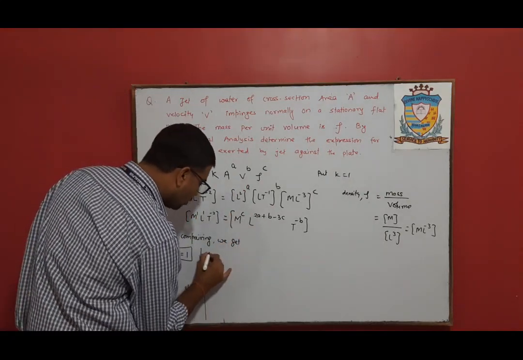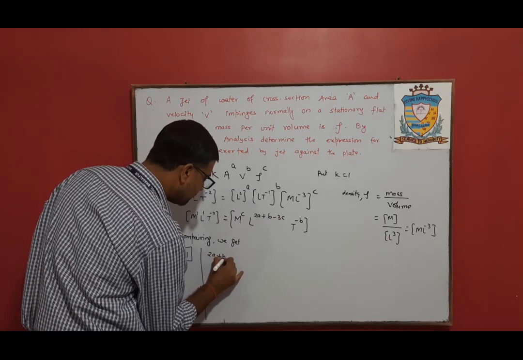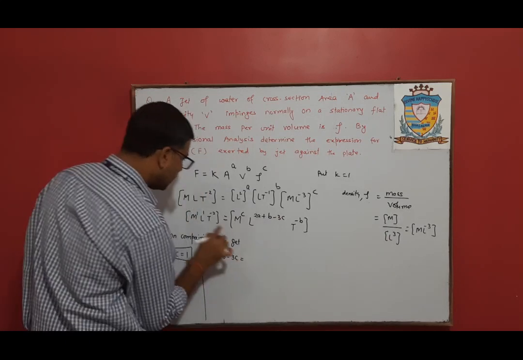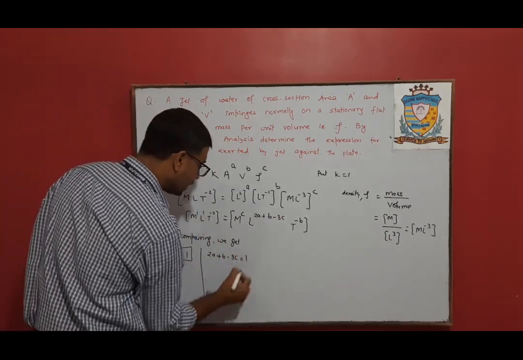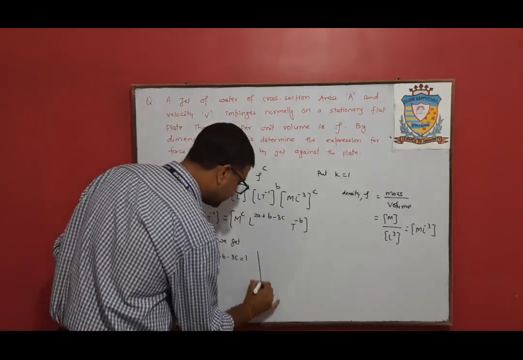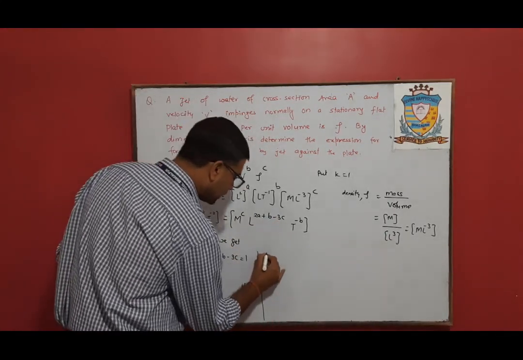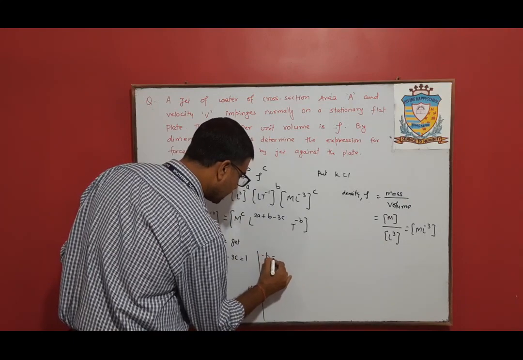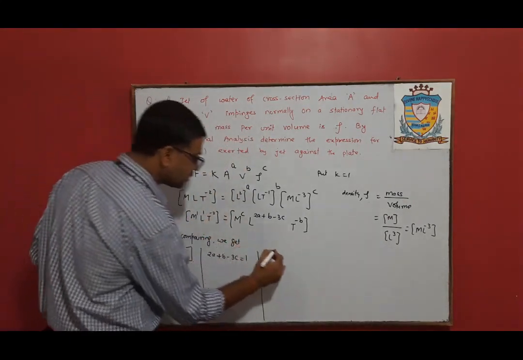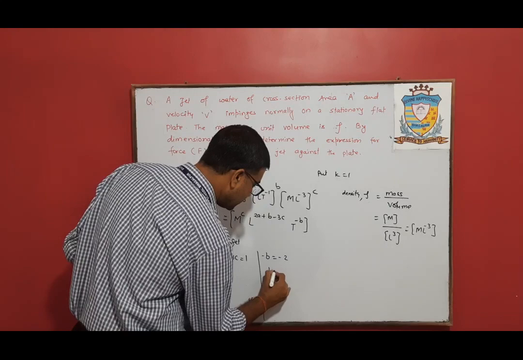Next, 2a plus b minus 3c is equal to 1, since length has a dimension of 1. In the third part, minus b is equal to minus 2, so b is equal to 2.